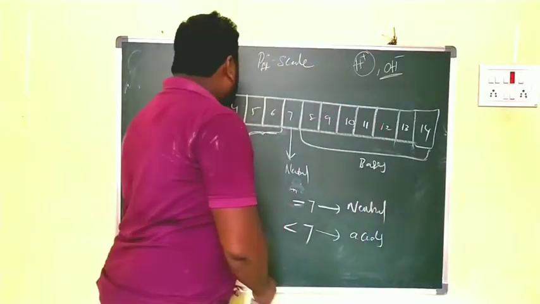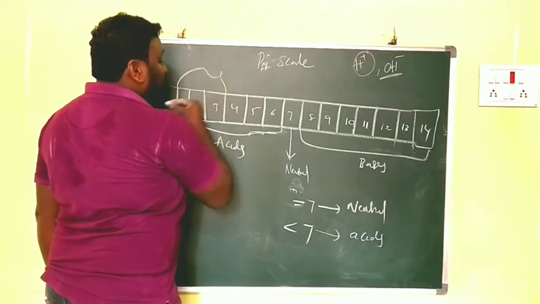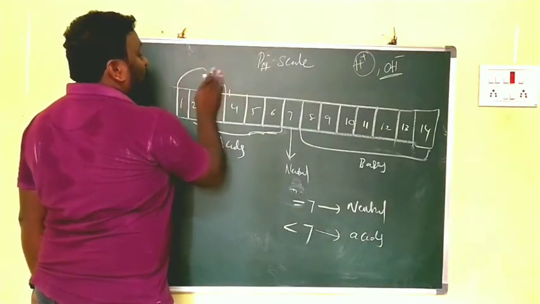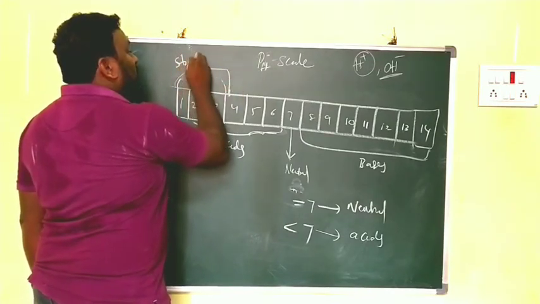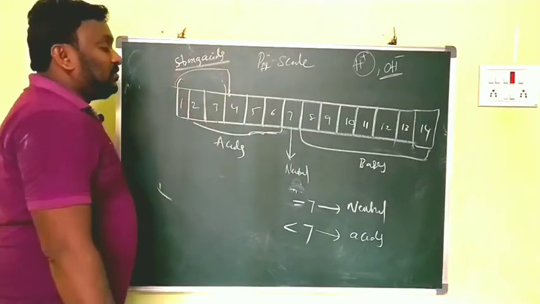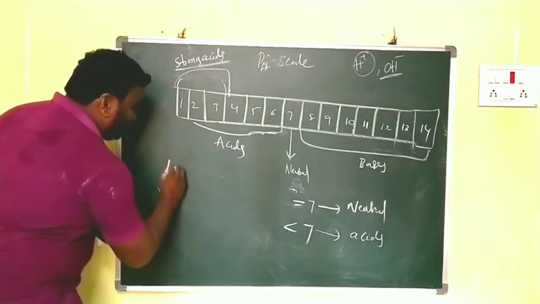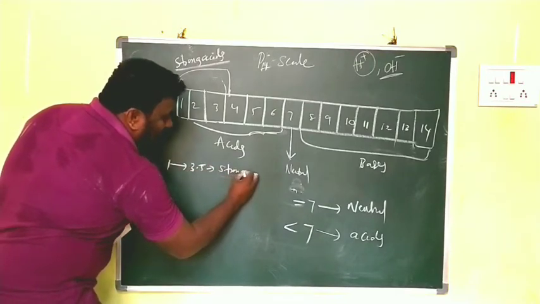So again, from 1 to 3.5, they are called strong acids.